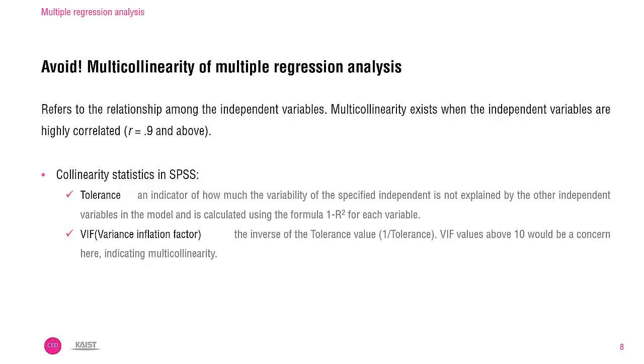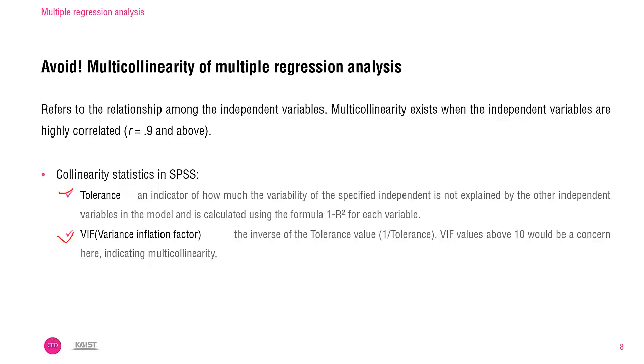The results presented in collinearity diagnostics are presented in the table labeled coefficients in SPSS. And in that table, you can check two values, and they are tolerance and VIF.